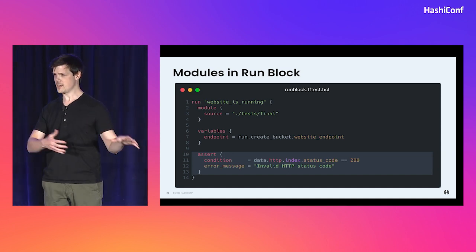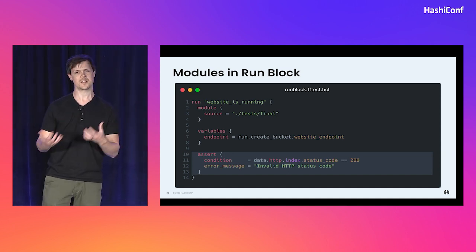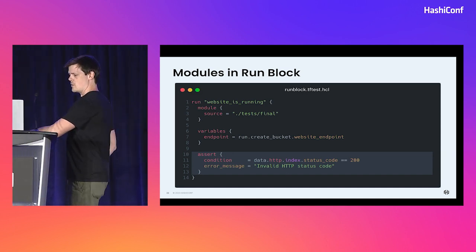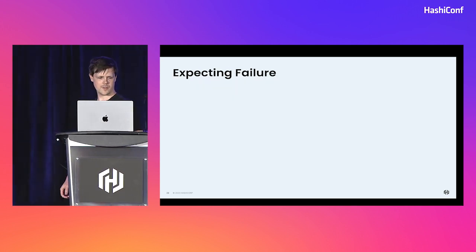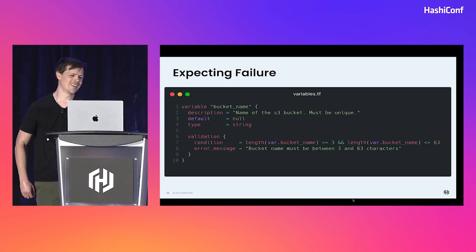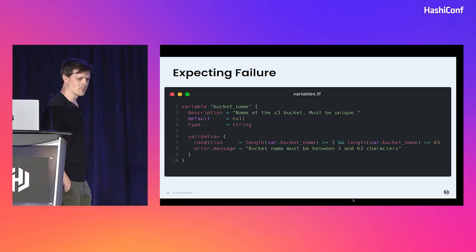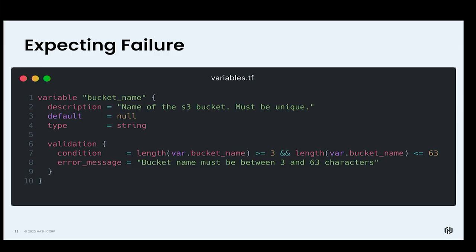That's not something inherent to Terraform, that's something I've provided, so I want to write a test for it. For our module, we have this variable defined, the bucket name variable we've been referencing so far. We have a description, a type of string, a default value of null, and then we have our validation around it.